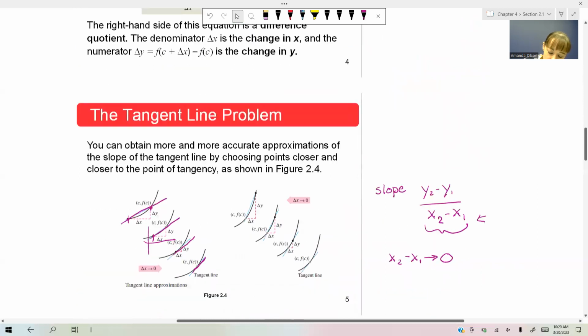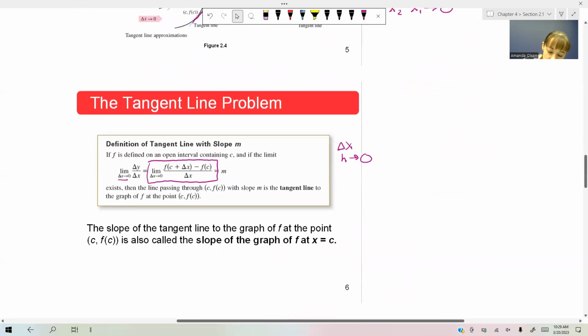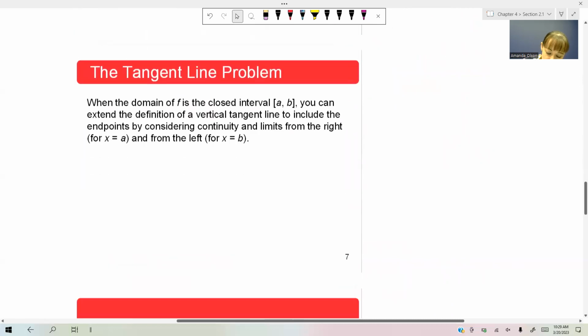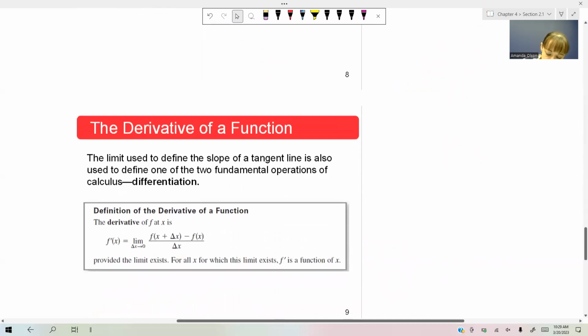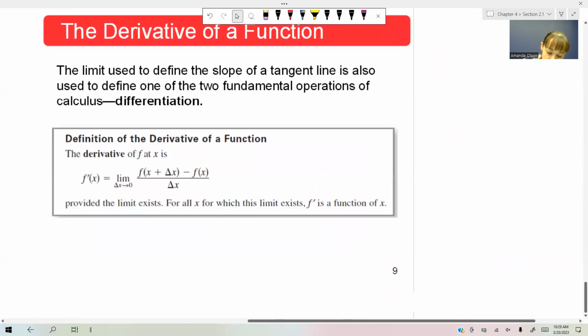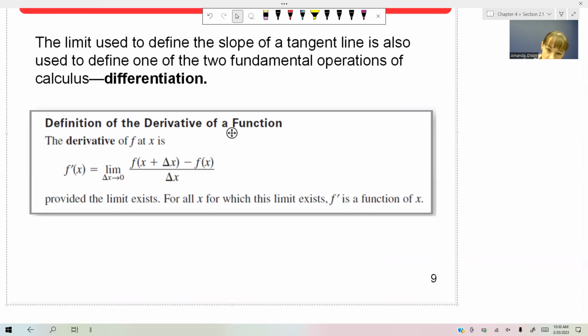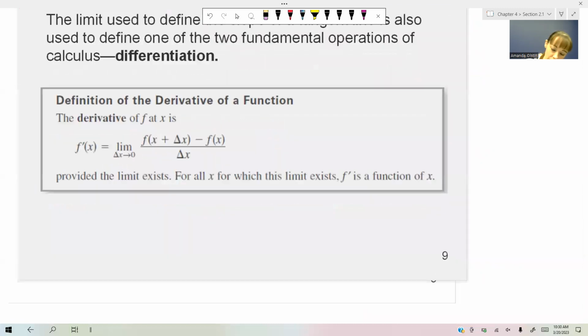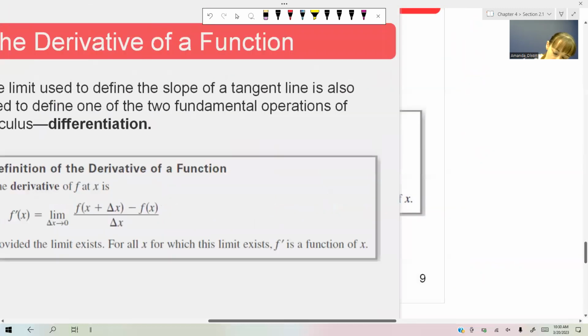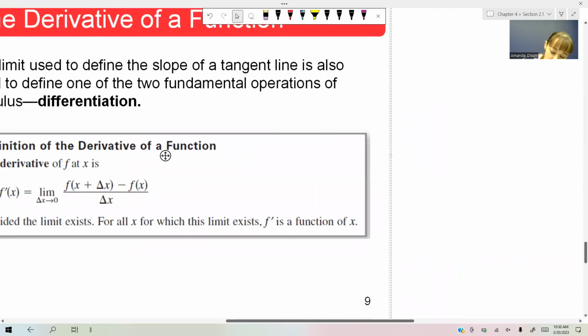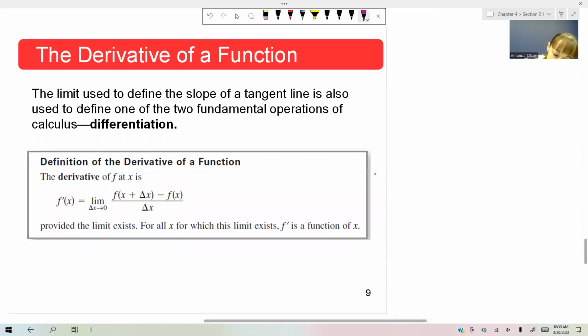So hopefully this gives you at least a starting point of what the derivative is, what the tangent line is. The derivative is just the function where you look at the limit as h approaches 0 for that difference quotient. In other words, it's the slope of that tangent line, and it can tell you your instantaneous velocity at any point on a graph.